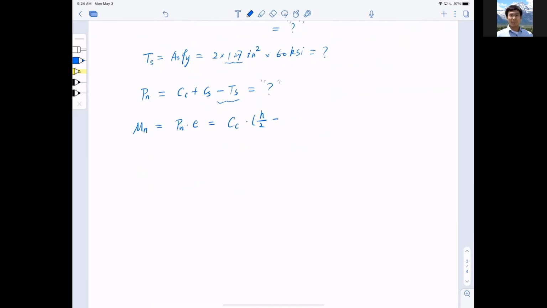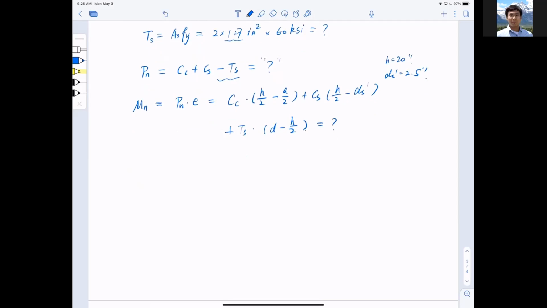So half h minus half a, plus Cs, the compression force, times half h minus ds prime, plus Ts, the tension force, multiplied by d minus half h. So again, please plug in the numbers. h is 20 inches, don't forget that is the height, and ds prime equals 2.5 inch, which is the concrete cover. Just walk through this. So now you get Pn and Mn.